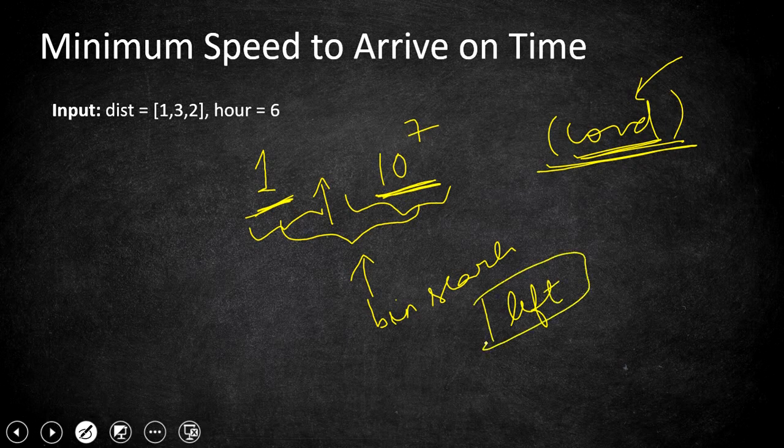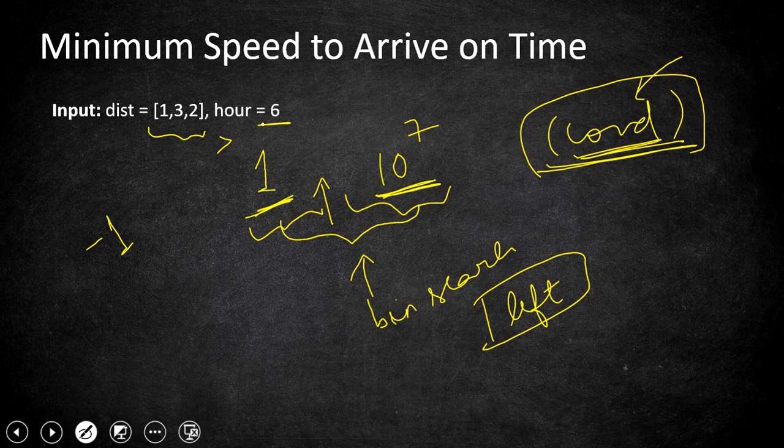So before getting into how our condition function is going to work in this problem, there is one more scenario, which is a negative scenario. That is, if we cannot reach on time, then we have to return -1. So there is a chance that we cannot reach our office only if the total distance is greater than the given hour, because the minimum speed you can travel is 1 kilometer per hour.